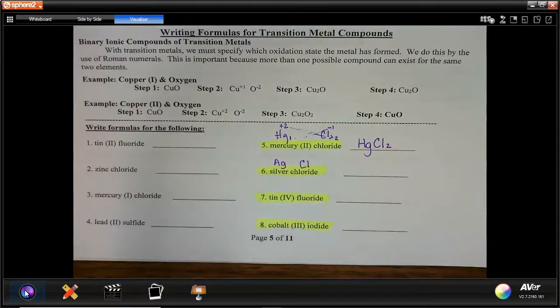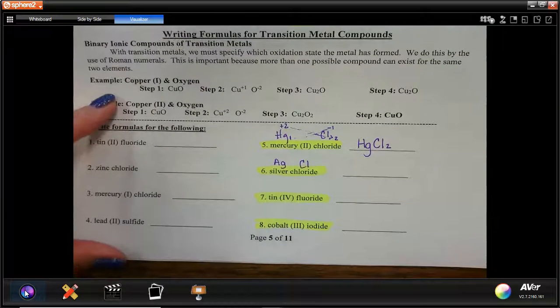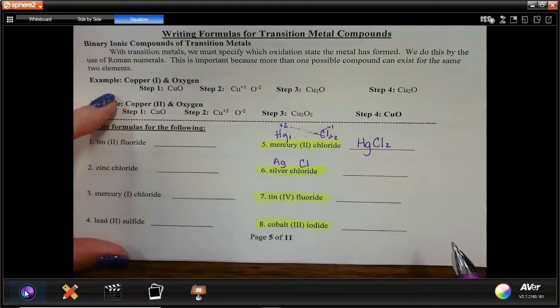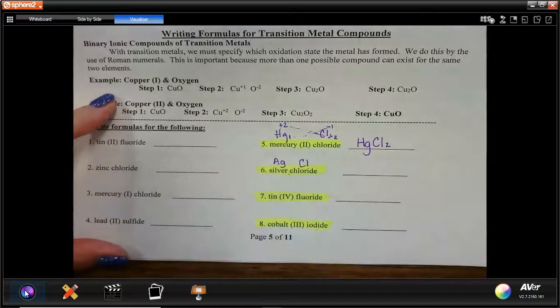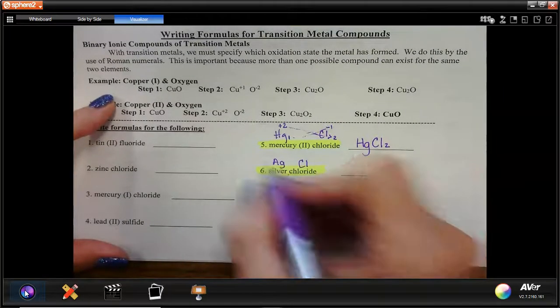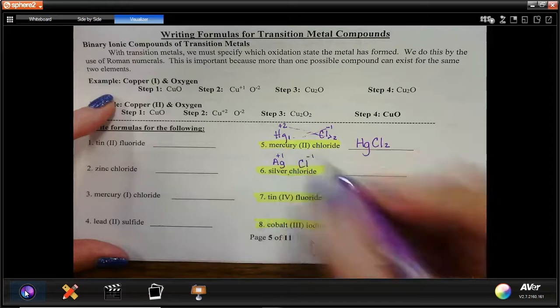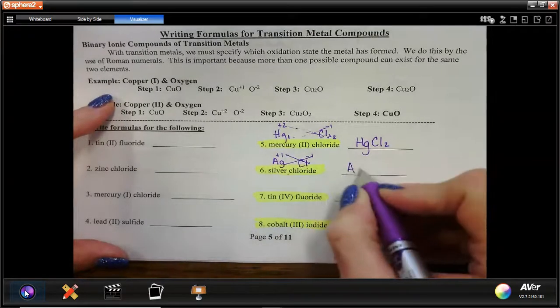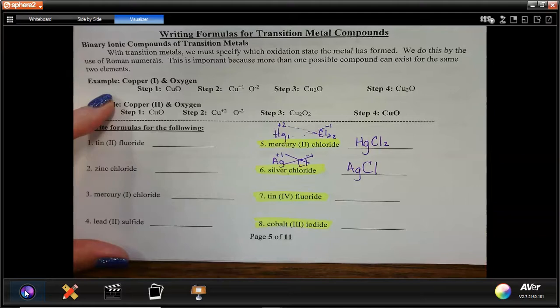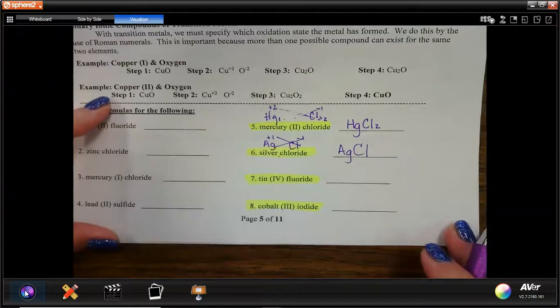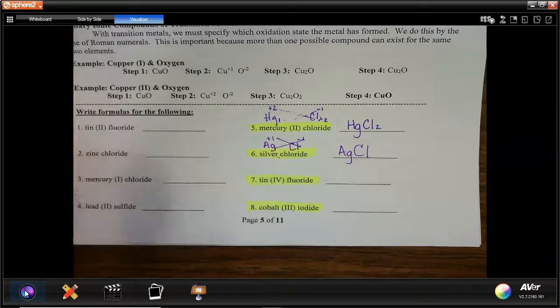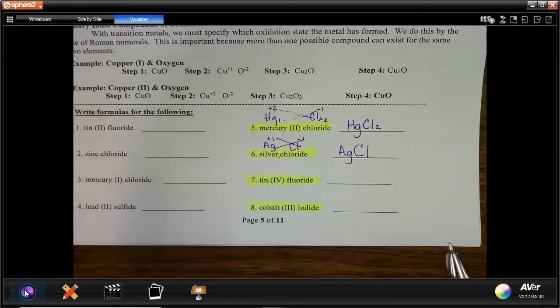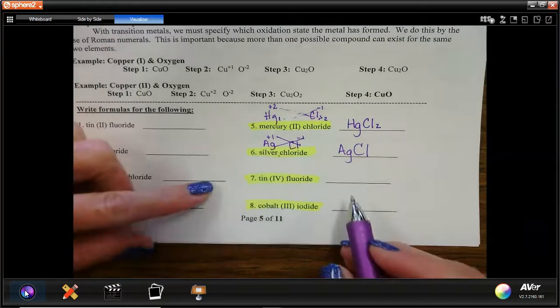Since silver always has the same oxidation number, +1, it does not get a Roman numeral, so that's why there's not one there. So with silver +1 and chlorine -1, crisscross applesauce, and you get AgCl. Not always that easy, and that could trick you too because there's no Roman numeral there. You just have to remember that it's an exception.